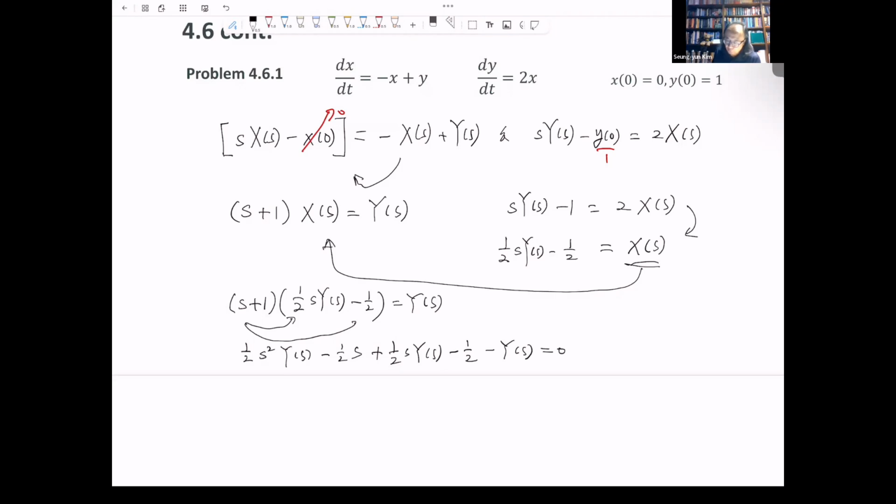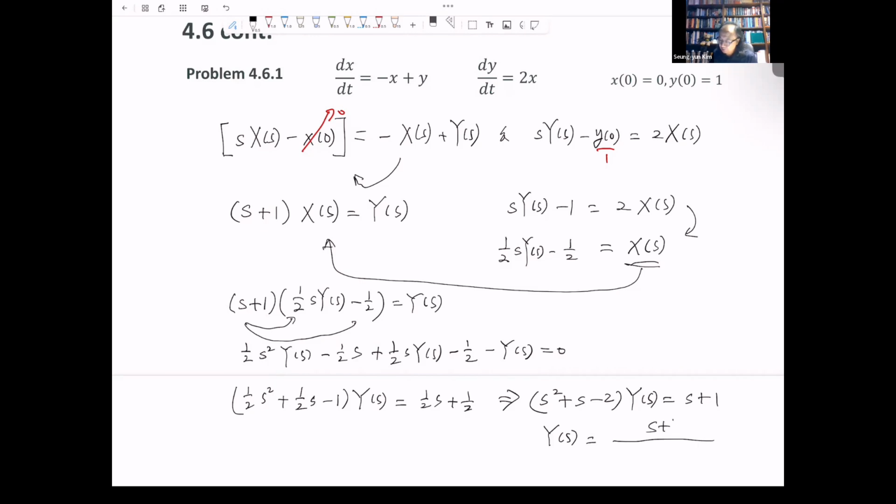Combine all those Y of s terms: 1 over 2 s squared plus 1 over 2 s minus 1, Y of s equals, move the rest to the other side, 1 over 2 s plus 1 over 2. And we multiply by 2 everywhere. Then (s squared plus s minus 2) Y of s equals s plus 1. And then Y of s equals s plus 1 over s squared plus s minus 2.